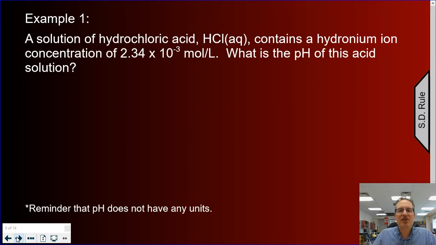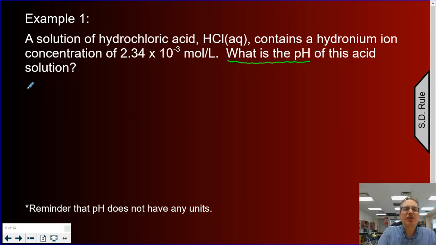Well, what I think we should do is practice a couple examples. So we have a solution of hydrochloric acid, and it contains a hydronium ion concentration of 2.34 times 10 to the negative 3 moles per liter. We would like to find what is the pH of this acid solution.